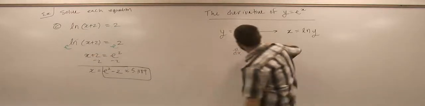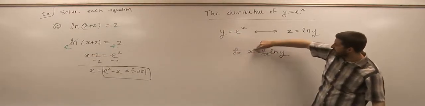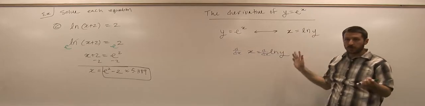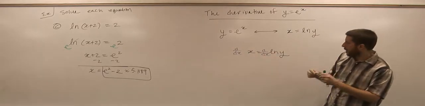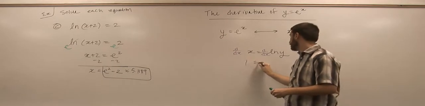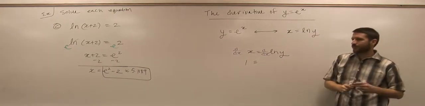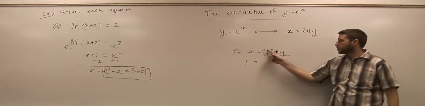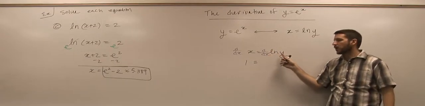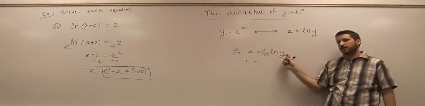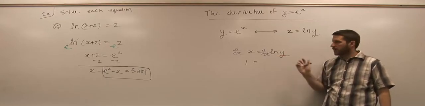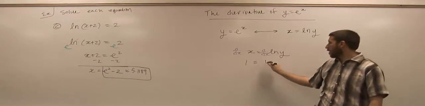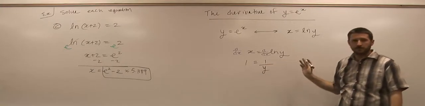What happens when you take the derivative with respect to x of x? 1. There's no question about that. If these match, the derivative will be 1. Now this side's a little more confusing because you have to take the derivative with respect to x of natural log y. So these don't match now. But you know the derivative of natural log. What happens with natural log? 1 over whatever's inside.